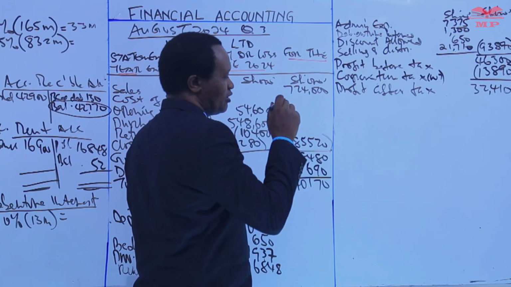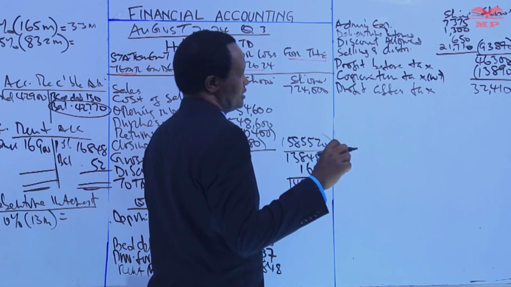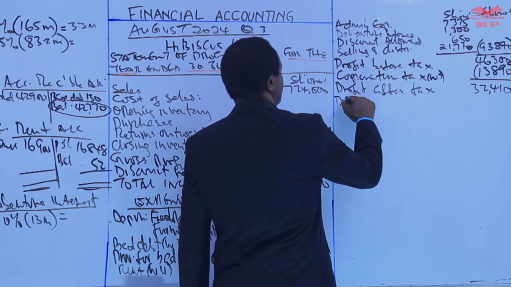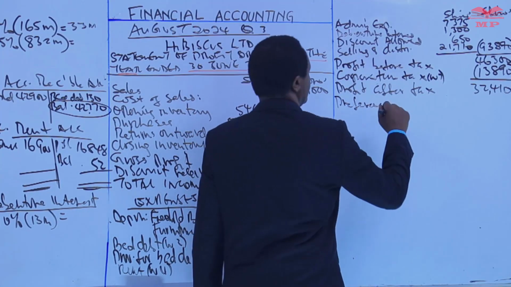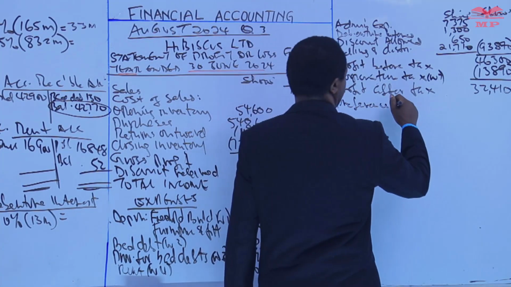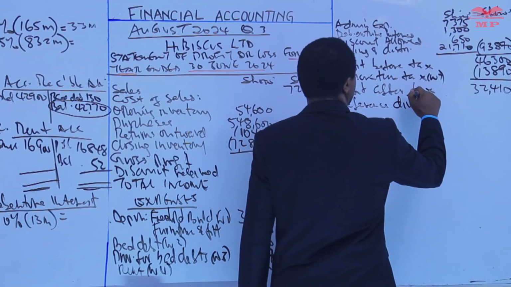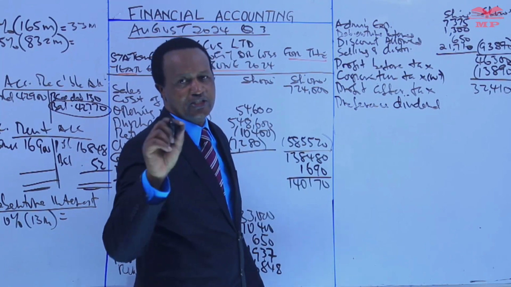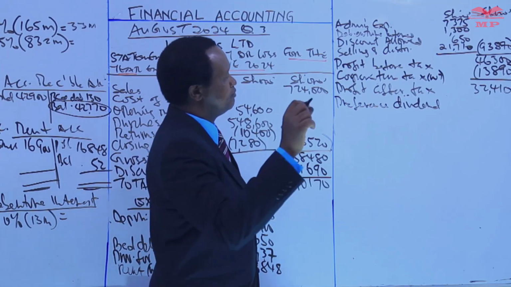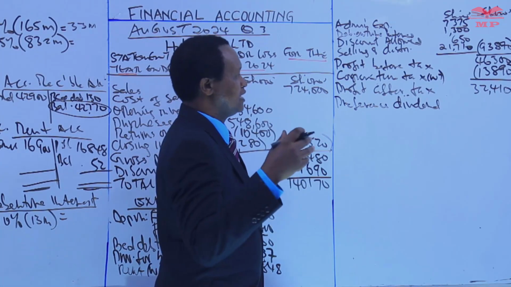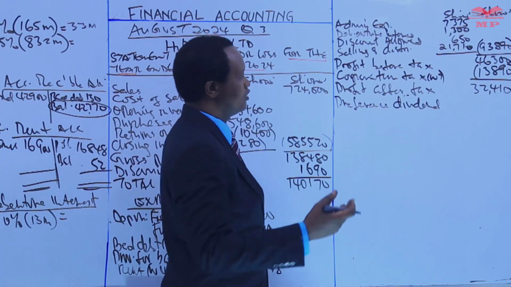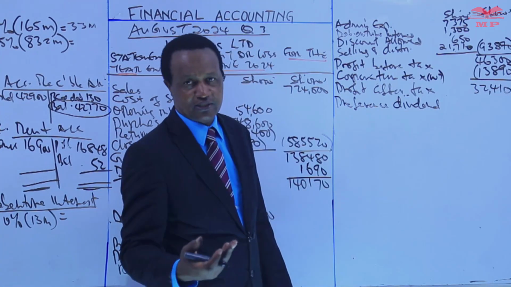Then the company directors decide to pay the preference shareholders the preference dividend. And you can see, before the ordinary shareholders are paid, the preference shareholders are paid first. They have what you call preferential treatment.